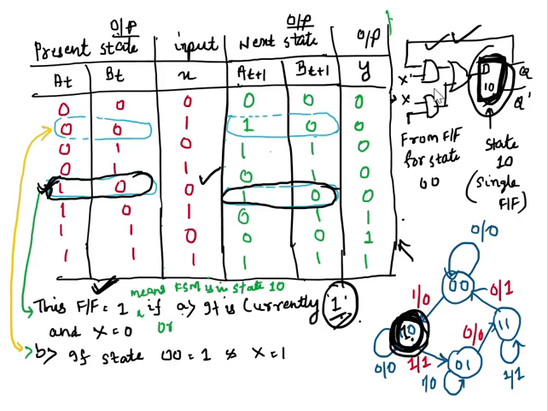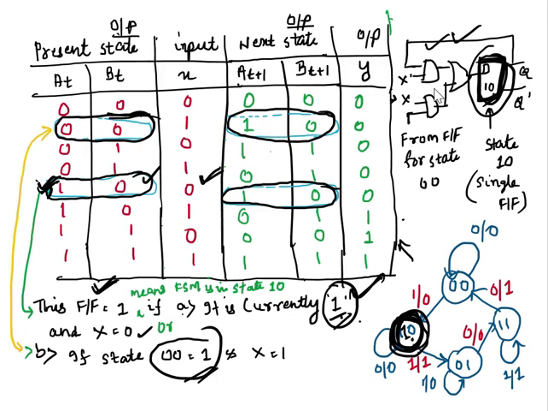This flip flop will be 1 when the present state is 1 0 and the input x equal to 0, or the state will be 1 0 when the present state is 0 0 and x equal to 1 comes.